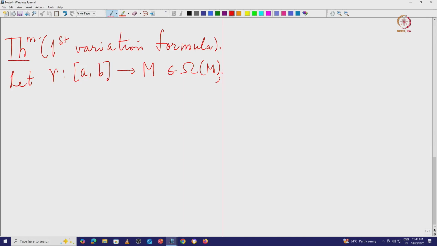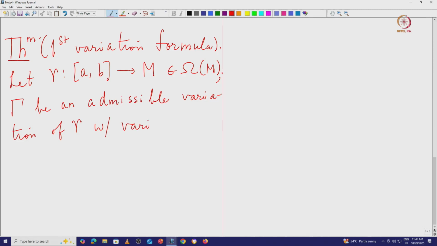Okay, let capital Gamma be an admissible variation with variation vector field V of t. So if you recall, the definition of V of t was that it is just del s of Gamma evaluated at s equals 0.